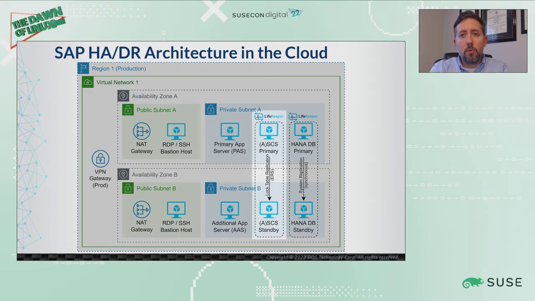So SAP provides a mechanism to replicate the locks from the lock table to another server, so you have a redundant copy. And so here in the primary availability zone, we have the central services instance running and the enqueue server running inside of it. And it is continuously replicating its lock table to something called the enqueue replication server, or ERS instance.